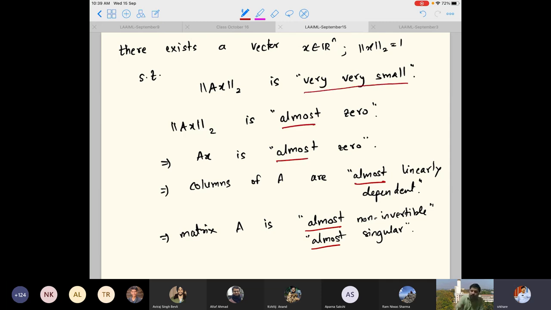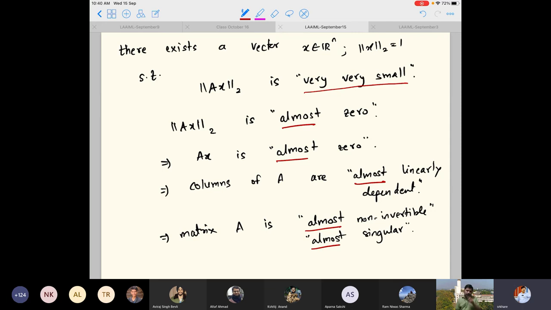That means that the columns of A are almost linearly dependent, because you take a linear combination of columns and you get almost 0. So the matrix A is an almost singular matrix.